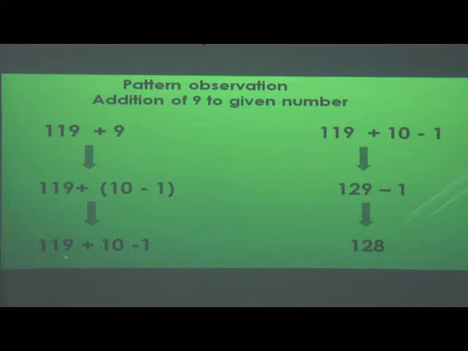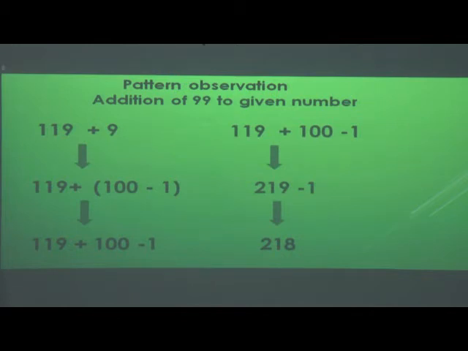First we will add 119 plus 10 and then we will subtract 1 from the number. 119 plus 10 minus 1. 119 plus 10 is added first. It becomes 129 and then we have to subtract 1 from it. We get 128. So this is the pattern for addition of 9.